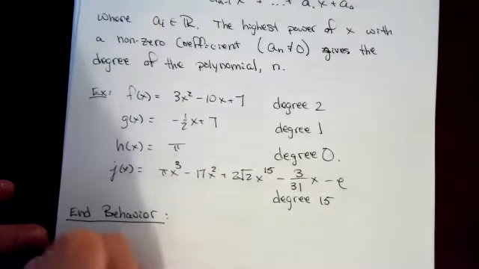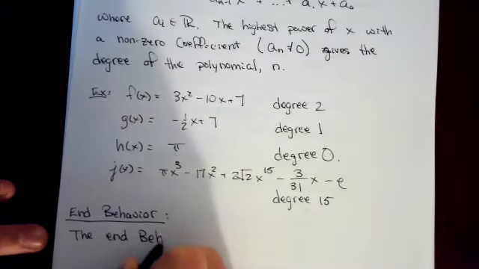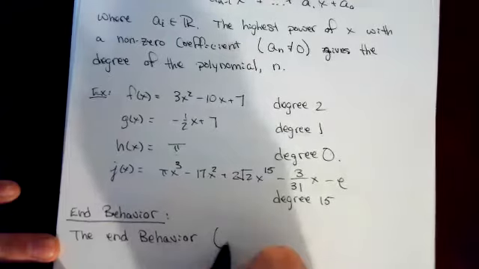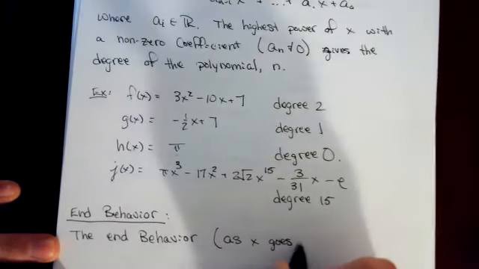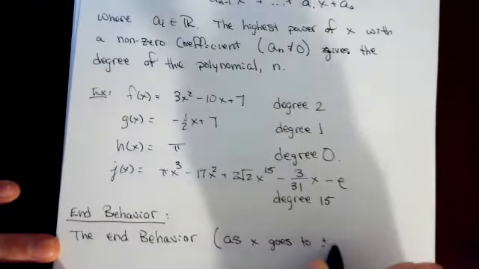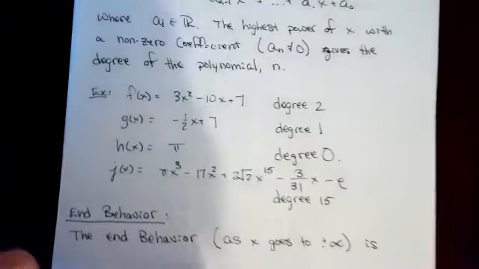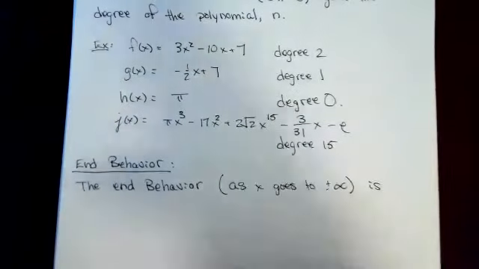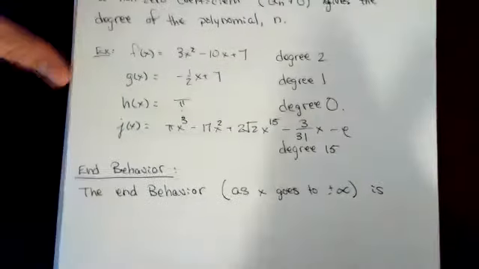So our note is just going to be the end behavior. And when I say end behavior, we mean as x goes to plus or minus infinity. So we want to know what happens as x gets either really big or really small, far to the right, far to the left. What are the y values doing? What is the function doing?